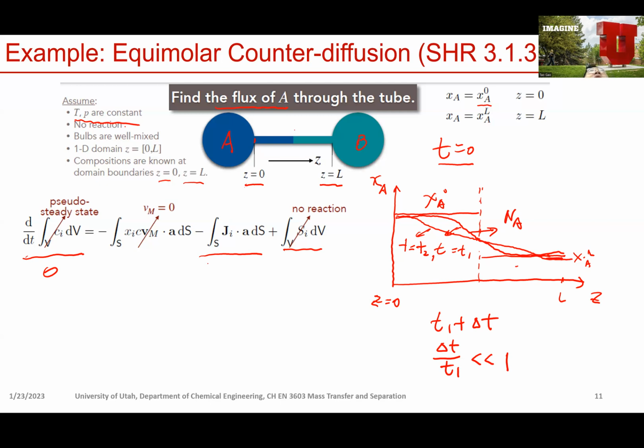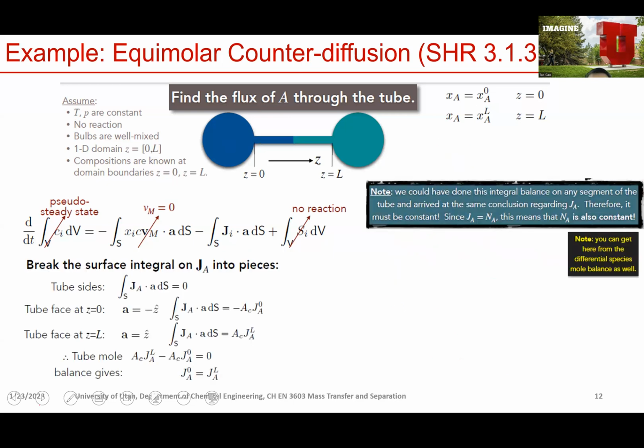Since we're concerned about the mass flux in the tube, we're gonna choose the tube itself as the control volume, right? Let's say we draw the control volume to be this, okay? So that's our control volume. Then there are basically three portions of the control volume. We have two ends, and we have the wall, right?